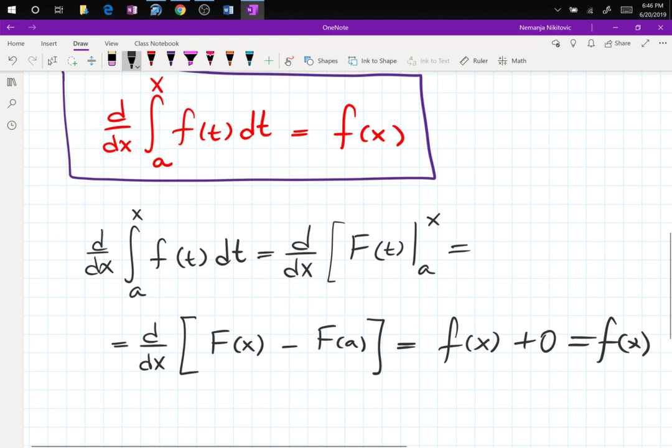Now, that formula technically says that whatever function of t you plug in here, let's say t squared, you are going to get the same thing on the output, because these two essentially cancel each other out. So it just swaps the variable, but you get the same function out.